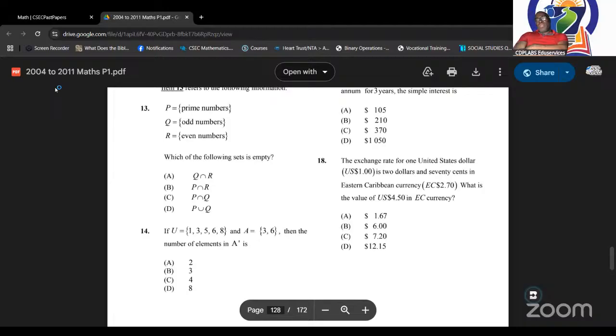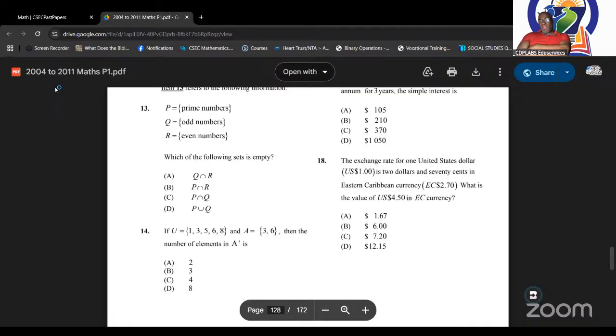So if I'm using the ratio method to find what 4.50 would be, what would we do then? So will that be 1 to 2.7? Well, if you want to put it that way, then on the 2.7. Okay.